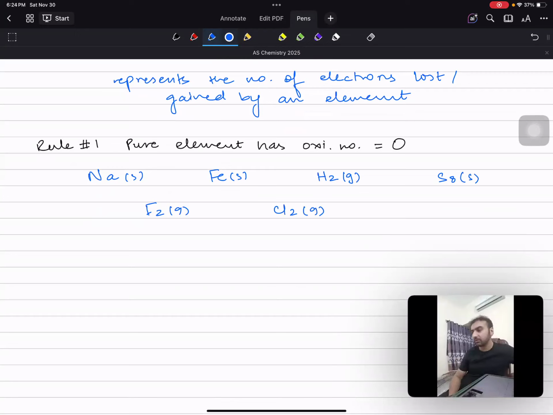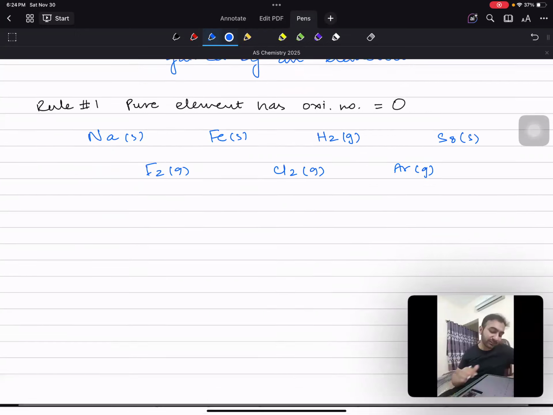For example, argon as an element. All these elements have oxidation numbers of 0. They have no charge, their oxidation number is 0.